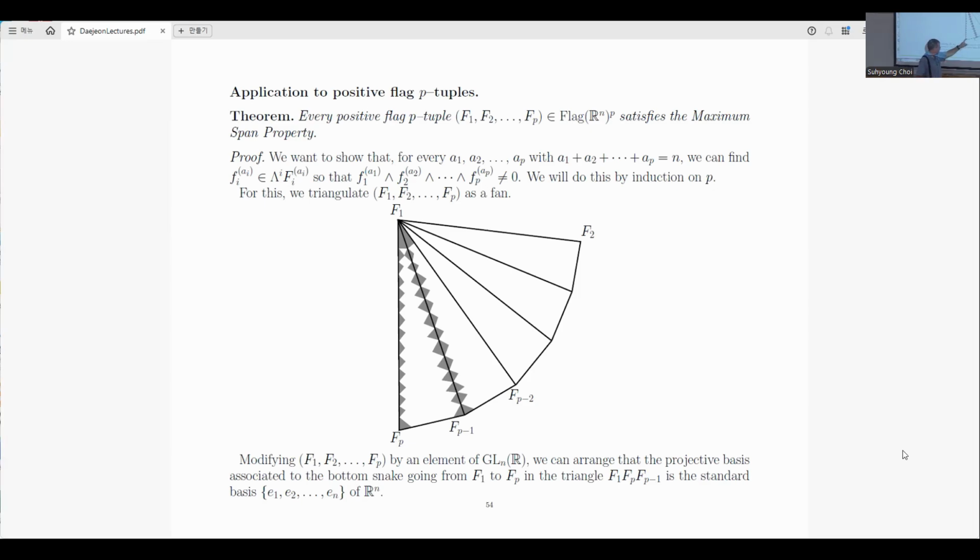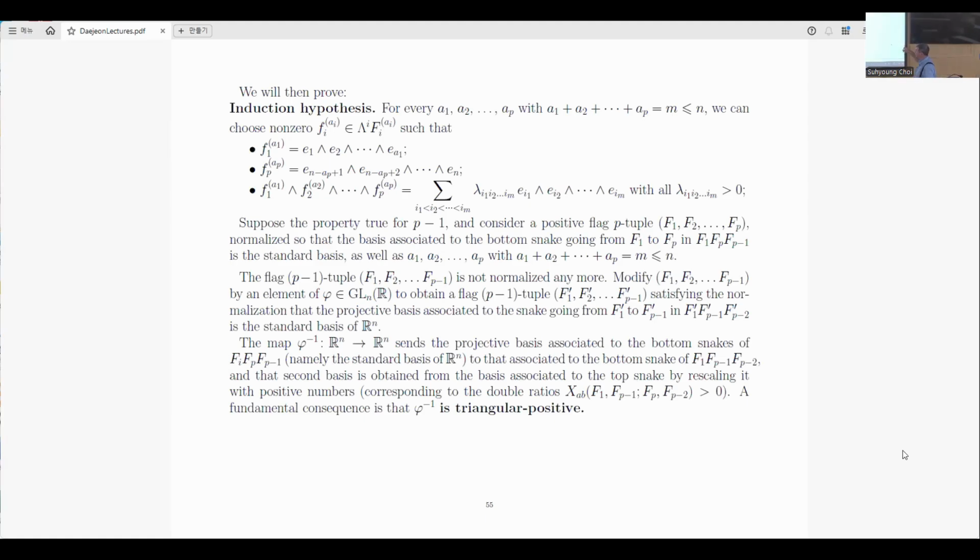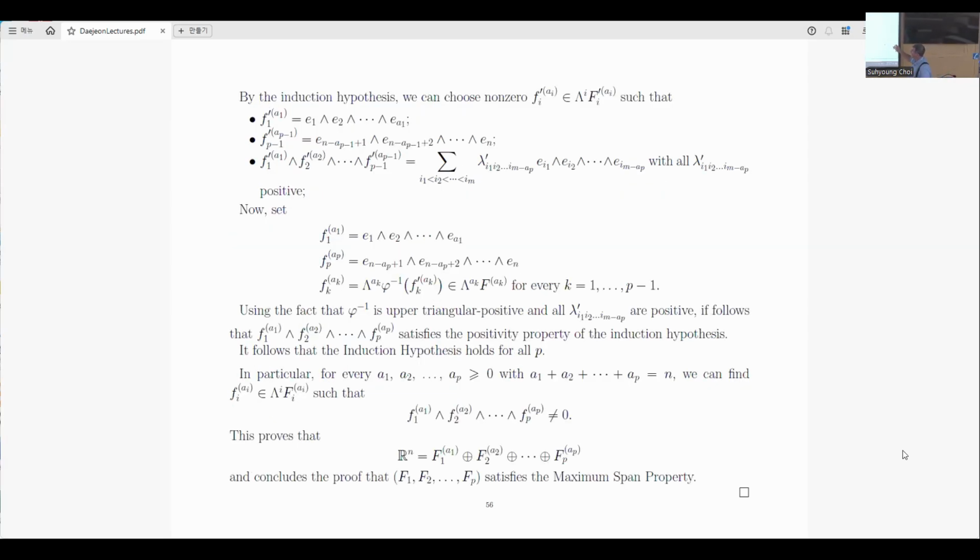So there is a map sending this basis here to that one, which is triangular positive. Okay, and then blah, blah, blah. So you put things together. It was really important that that thing is triangular positive. And then you put everything together and you conclude that after a choice for the elements that involves this change of basis matrix, then you realize the hypothesis.